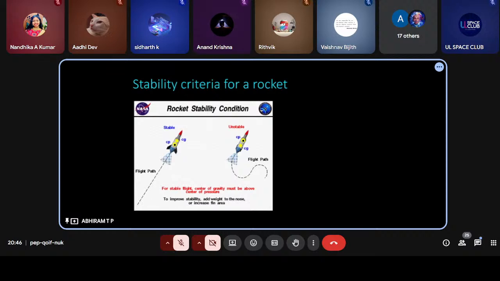But when the center of pressure is above the center of gravity, it gets into an unstable equilibrium, in which slight variations from its neutral position will cause a chaotic variation from the flight path.